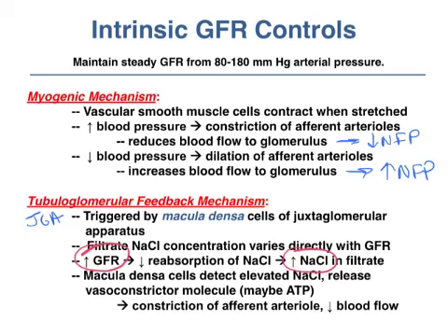And so when they detect high sodium chloride levels, they release a molecule that triggers vasoconstriction. It's thought that that molecule might be ATP. So the afferent arteriole constricts, blood flow to the glomerulus decreases, and you get decreased net filtration pressure, which of course leads to a decreased GFR, bringing the GFR back to where it needs to be.